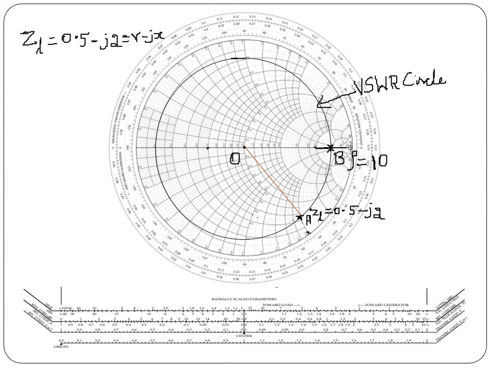With O as center, radius OA and arc DE cuts the reflection coefficient line. It's written here, reflection coefficient line.